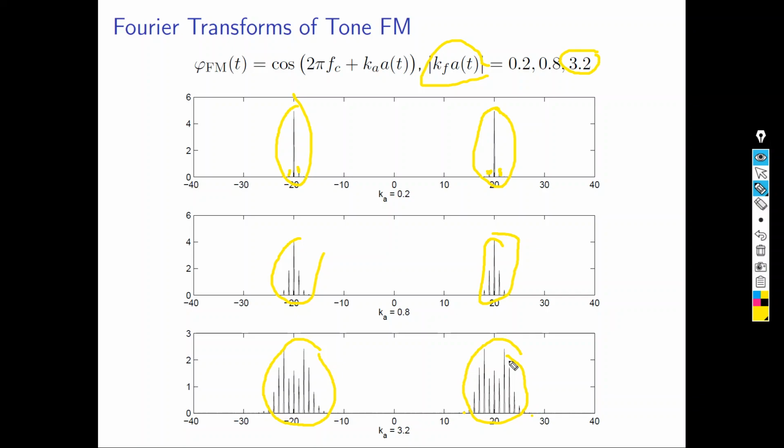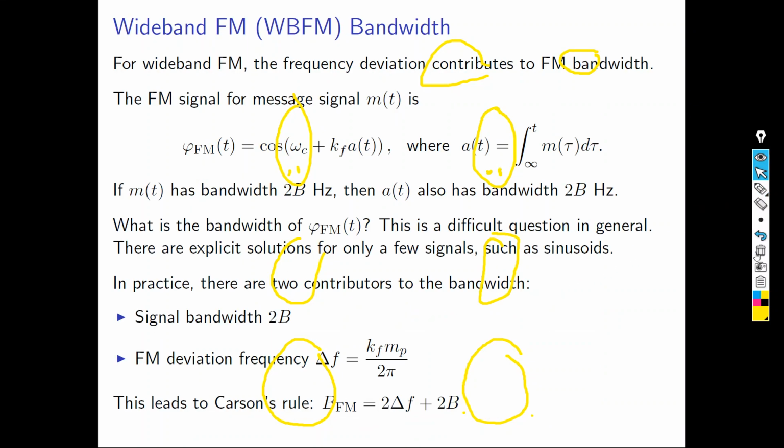And the power of these components is increasing. So this means that when this condition is not satisfied, we cannot consider the frequency modulation narrowband anymore. It's wideband, and the bandwidth is increasing more and more.